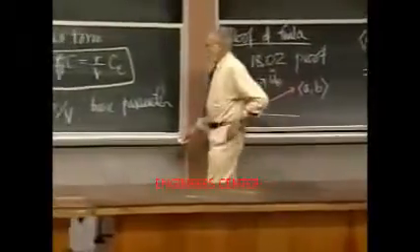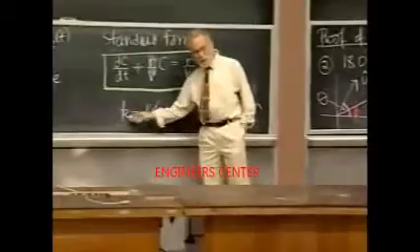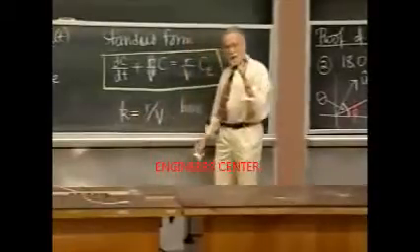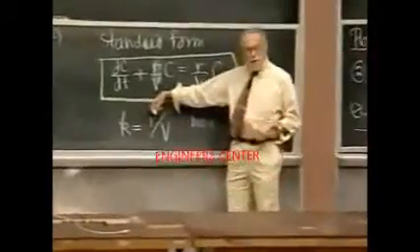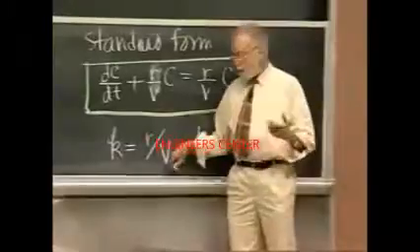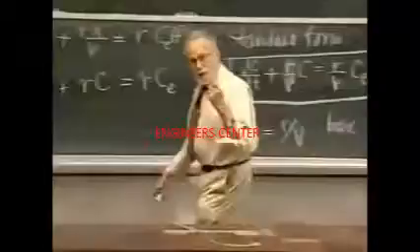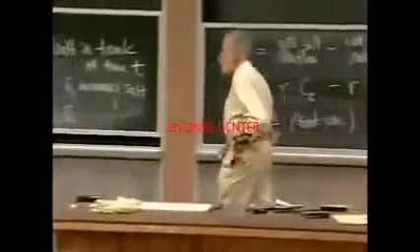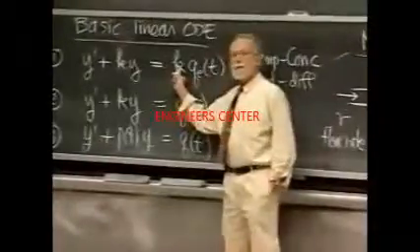In other words, we've lumped these two constants into a single K, and at the same time have simplified the units. What are the units? This is volume per minute. This is volume, so it's simply reciprocal minutes. Reciprocal time, which was the same units that diffusivity and conductivity had.